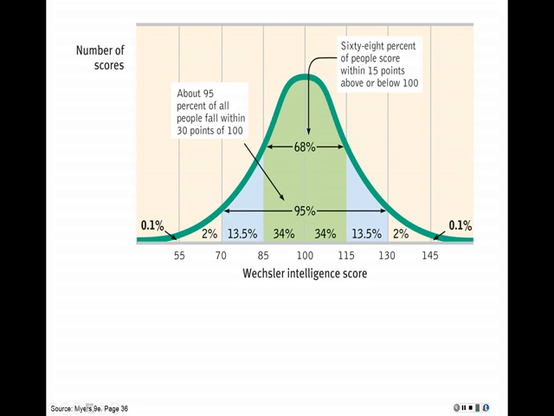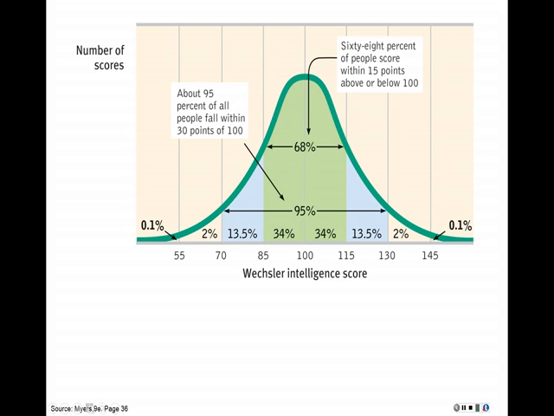If we go out another standard deviation, 2 standard deviations to the right, people who score up to 130 are going to be 2 standard deviations out, and people who score between 70 and 85 are going to be 2 standard deviations out. So that means a total of 95% of the population falls between scores of 70 on the intelligence test and 130. So between 2 standard deviations.